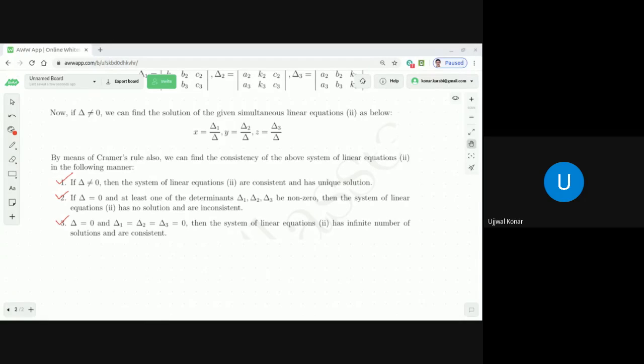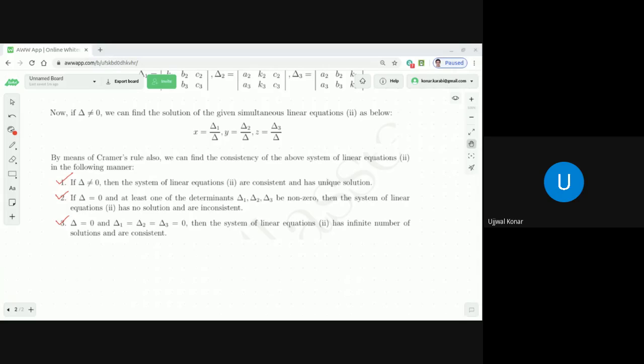So we see that to find whether a system of linear equations is consistent or not, we can follow any of the following methods. First method is by comparing the rank of the coefficient matrix and augmented matrix with respect to the number of unknowns, or by calculating the values of the different determinants as mentioned in Cramer's rule. Please note that when you are using Cramer's rule, the coefficient matrix has to be a square matrix, obviously.